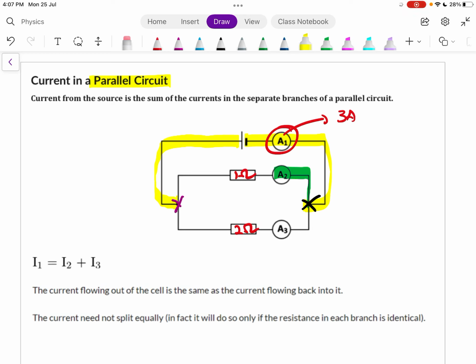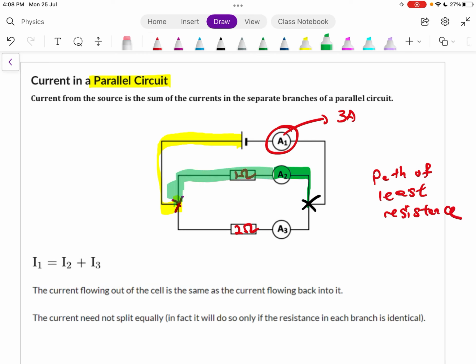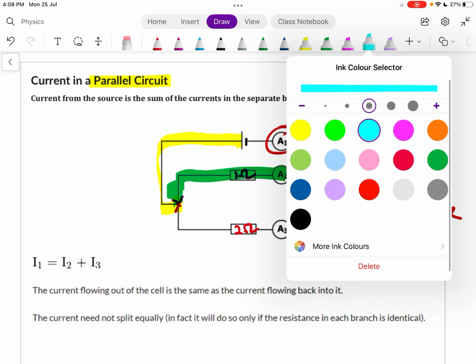Now I flow in the conventional current, so conventional current flows out of the positive terminal and reaches the junction. Notice that the first resistor is 1 ohm and the second resistance is 2 ohms. The current would like to flow through the path of least resistance. So of course more current will flow through the very first path compared to the second path.